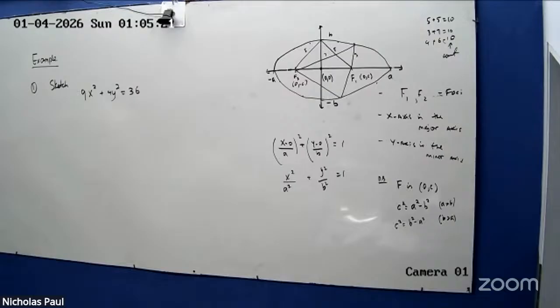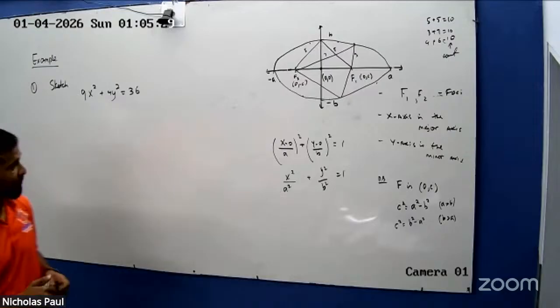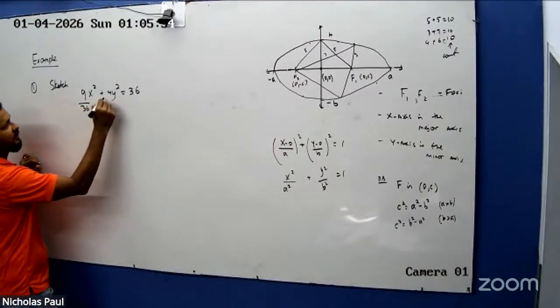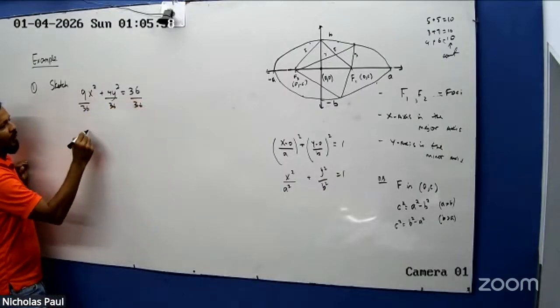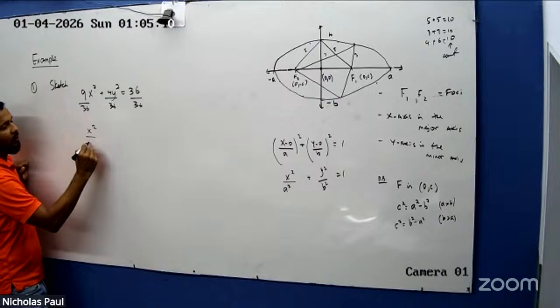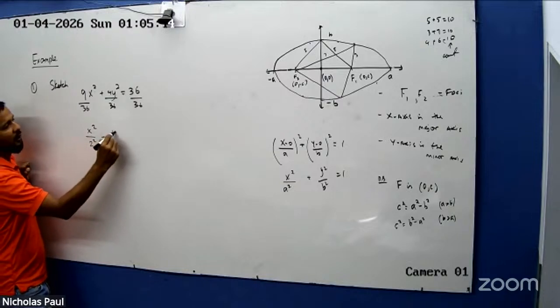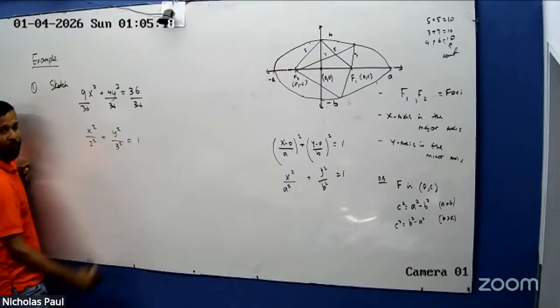Right, remember we did everything. So we divide everything by 36, right? So we'll end up with x squared over, instead of writing 4, writing 2 squared, right? y squared over 9, I write 3 squared, and here is 1.